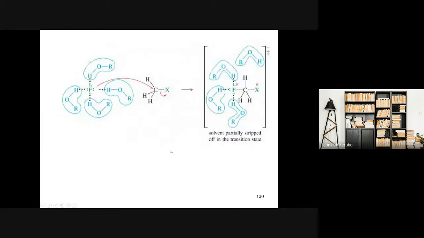So there is always the formation of hydrogen bonds with protic solvents between the nucleophile, which is negatively charged, and the protic solvent. And we've said protic solvents are the ones which have OH and NH. If they have OH, in this case, this hydrogen will have some partial positive charge because it's attached to oxygen, which is more electronegative.